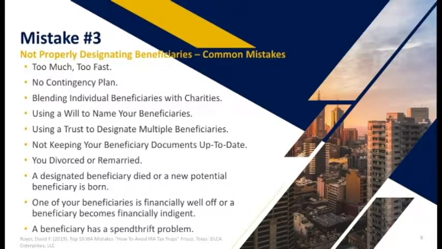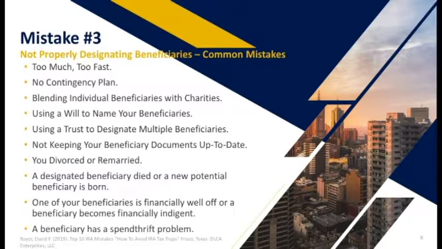So you've got to understand, name your beneficiaries and make sure that you have a copy of the beneficiary form. Again, it trumps any beneficiaries that you've designated in a will.